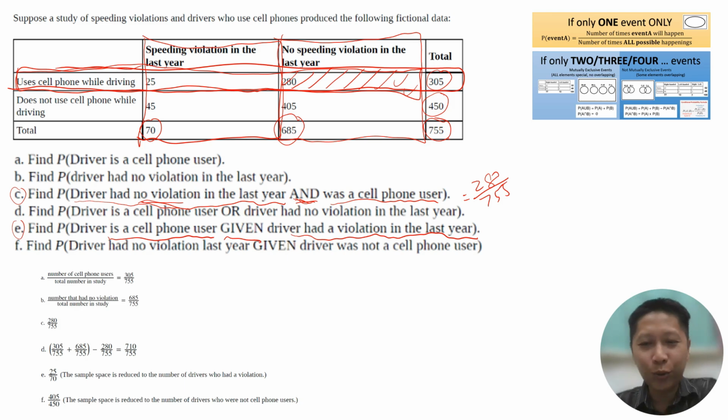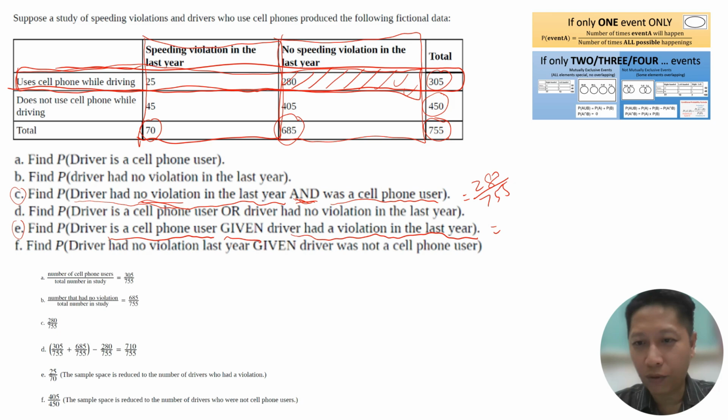We ask them to go to another room. We're just asking those who got the speeding fine, the violation, to come. Then we want to check the probability if I close my eyes and select from the 70 people here, the chance that they are using a cell phone during driving.